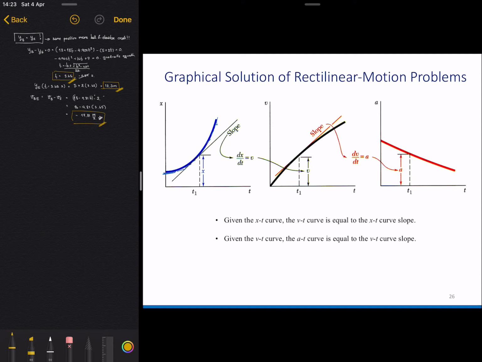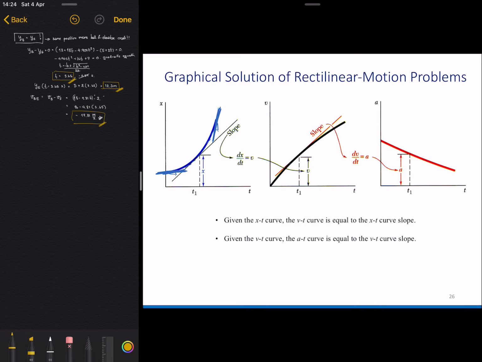That is the meaning of the velocity curve being equal to the positions or displacement over t curve slope, right? For example, you can clearly see the slope here, okay, is way more than the slope here. Okay, the slope is the inclination of those lines.